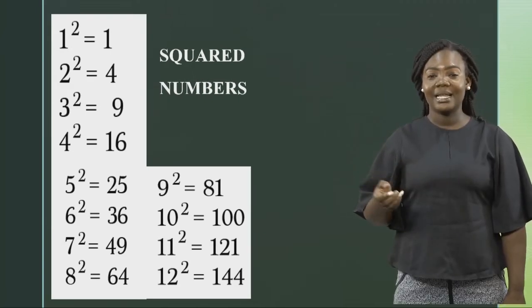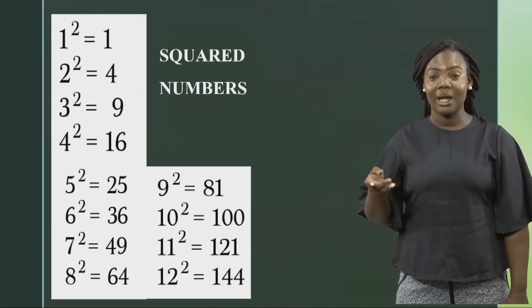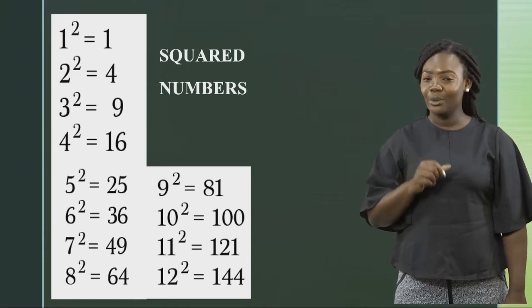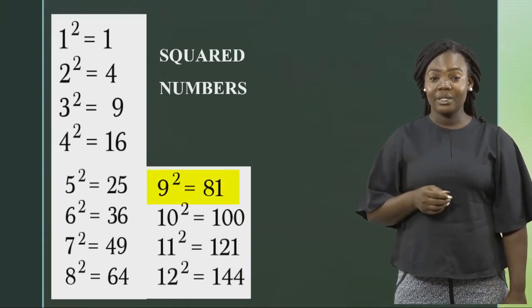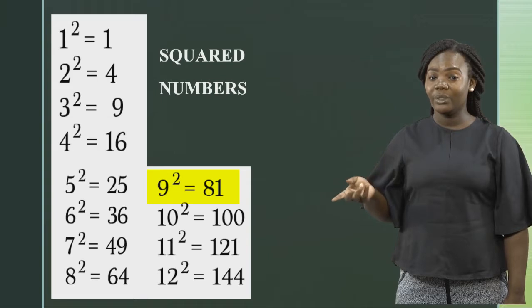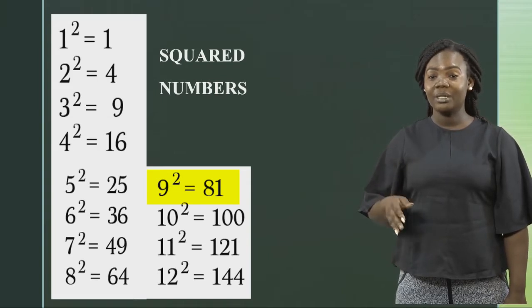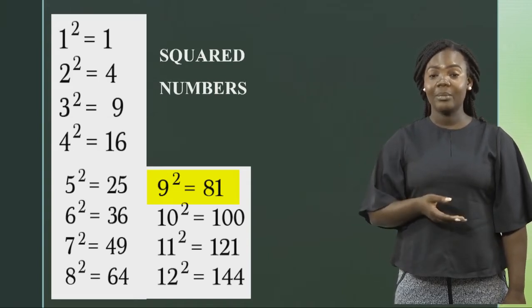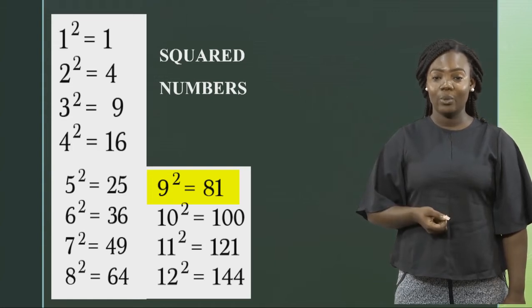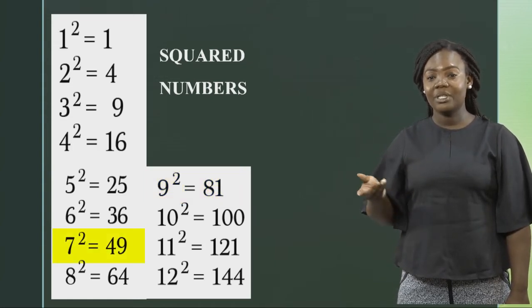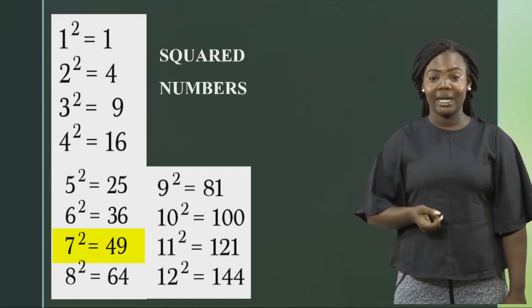If you guessed that a squared number is a number multiplied by itself, then you are absolutely correct. So in order for us to have 9 squared be equal to 81, we have 9 multiplied by itself. So 9 multiplied by 9 will give you 81. Likewise, 7 multiplied by 7 will give you 49, and so on.